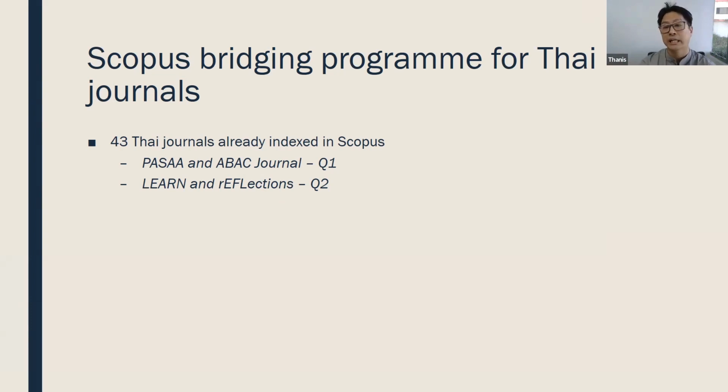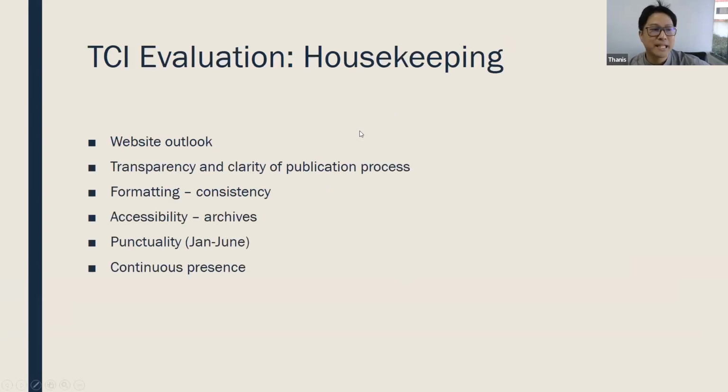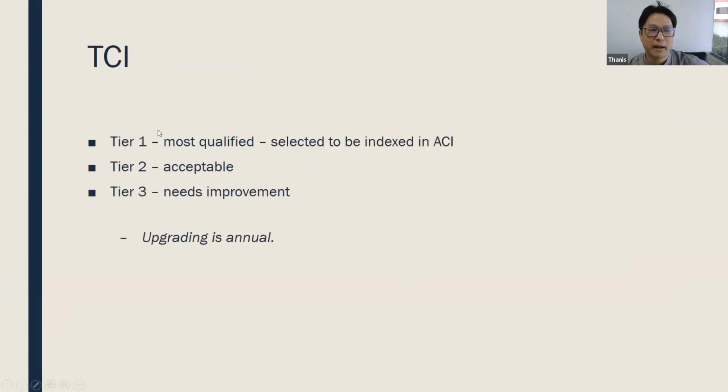So when you apply for Scopus with TCI support, the chance of getting in is very high. But before you get into the bridging program, now that's the tricky part. If you want to be part of this program, you have to be in tier 1 first.